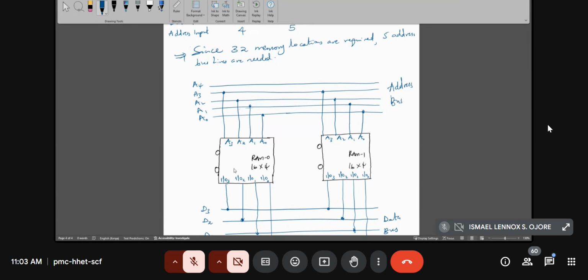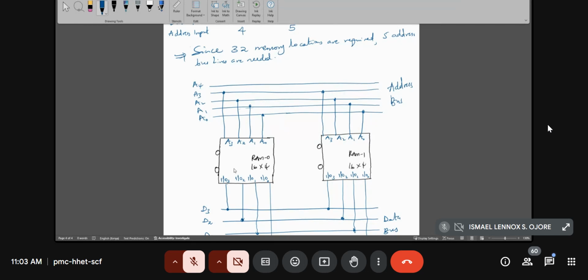For example, using zero index, words 0 to 15 will be stored in the first RAM chip, RAM 0, and words 16 to 31 will be stored in the RAM 1 chip.